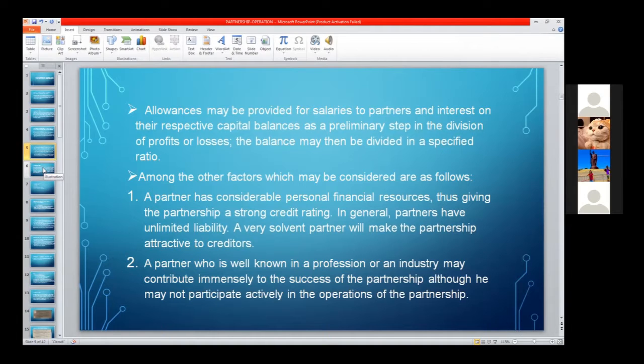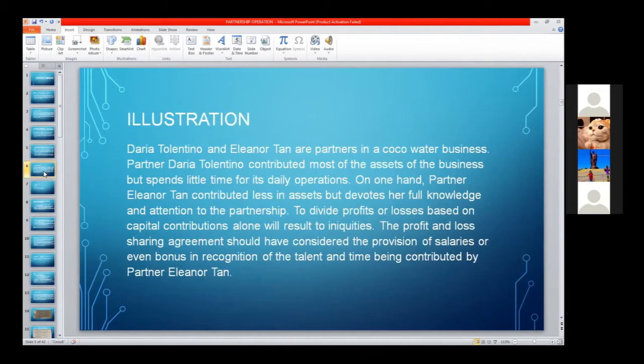Then, number 2 naman, if a partner who is well known in a profession or an industry may contribute immensely to the success of the partnership, although he may not participate actively in the operation of the partnership. So these two factors may be considered in the plan to arrive at the ratio by which any remaining profit or losses are to be divided. So next po.